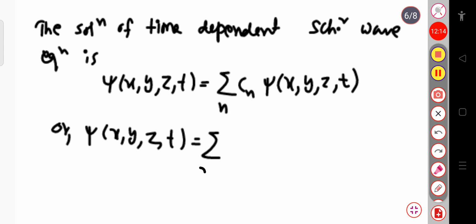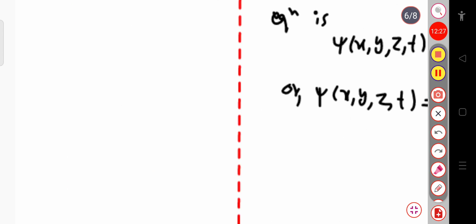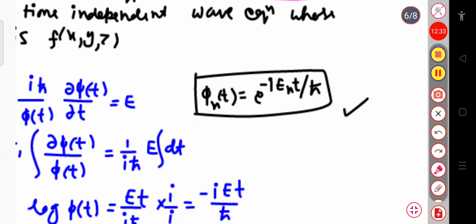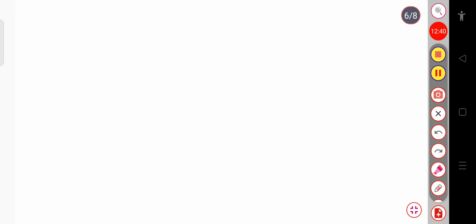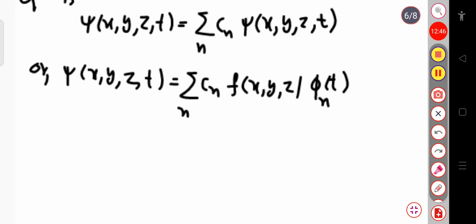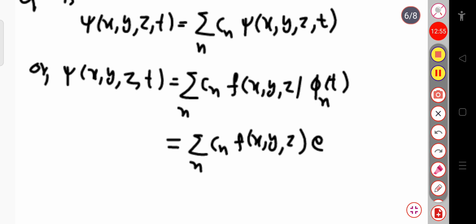sum over n cn. In place of psi of x y z t we can write now this is f of x y z, and here this is your phi of t, and in place of phi of t we can write this expression, phi n of t equal to exponential minus i e n t by h cut. So again, the sum over n cn f of x y z into exponential minus iota e n t divided by h cut.